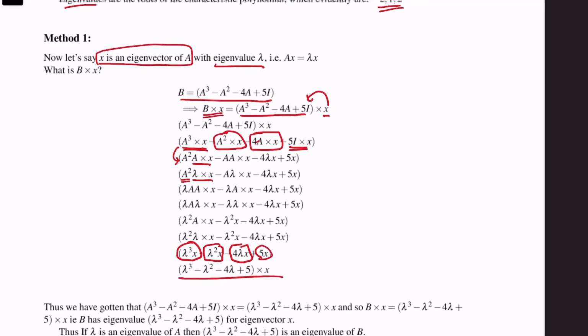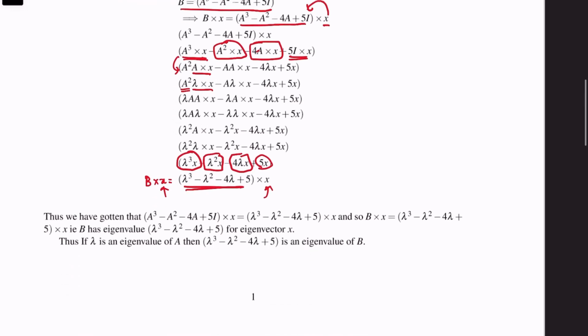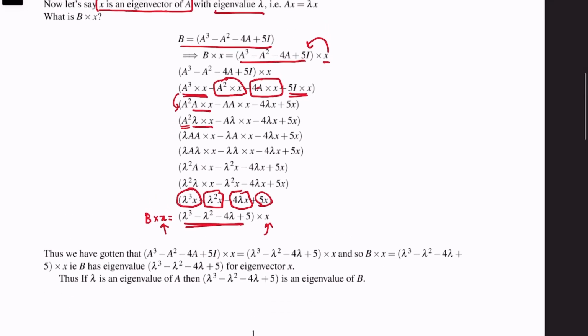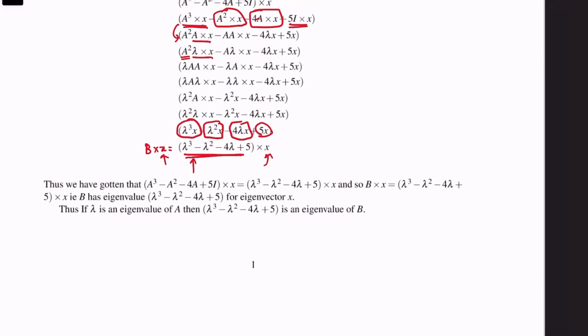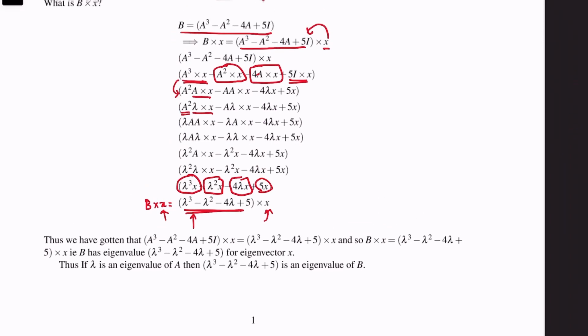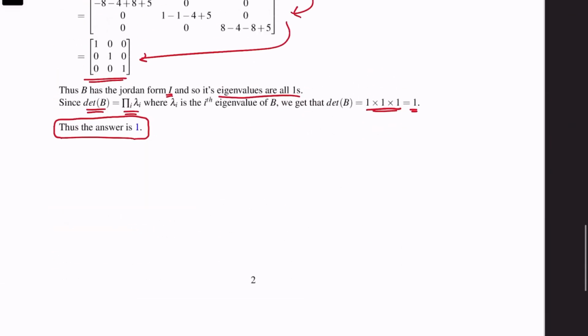So B times X is equal to some constant times X. Therefore X is also an eigenvector of B with the following eigenvalue. We know the eigenvalues of A, so you can just substitute for lambda here and we'll get the eigenvalues of B. Doing so, you will find that the eigenvalues of B are all ones, just the same as the Jordan decomposition method. And similarly, the determinant of B is the product of the eigenvalues, and you will get that the answer is 1.